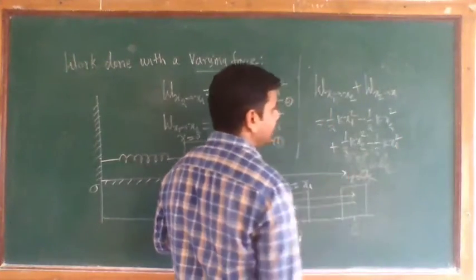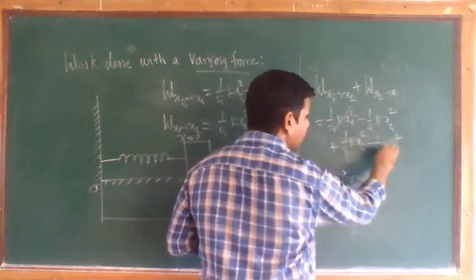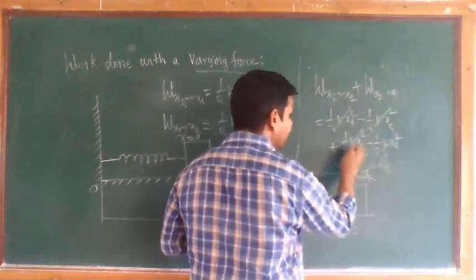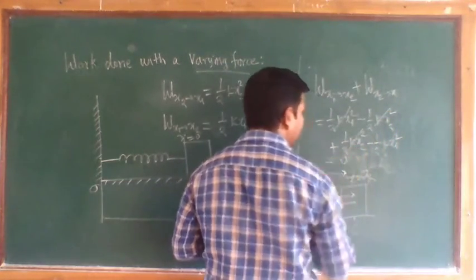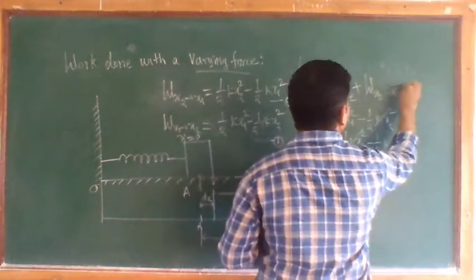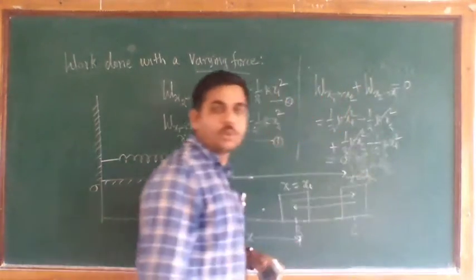Here we can check, the plus and minus cancel out, and you get 0. It means that this is nothing but 0.